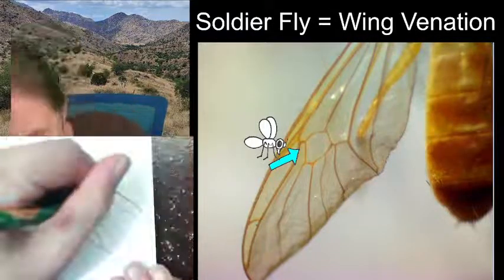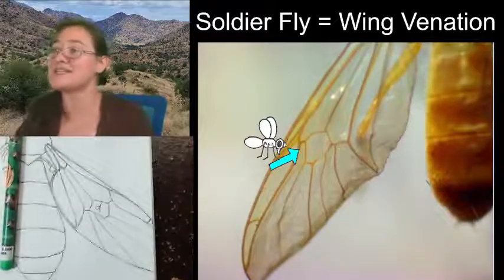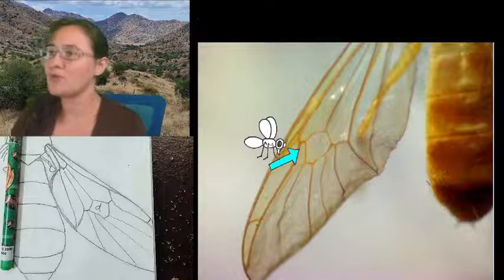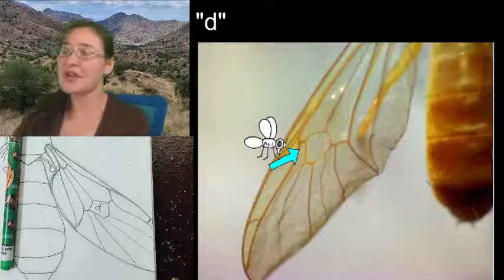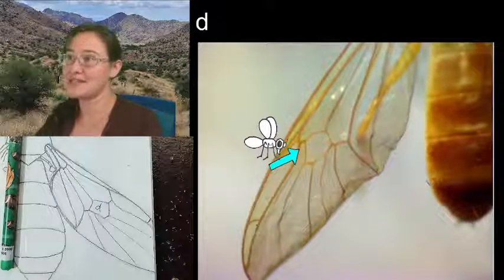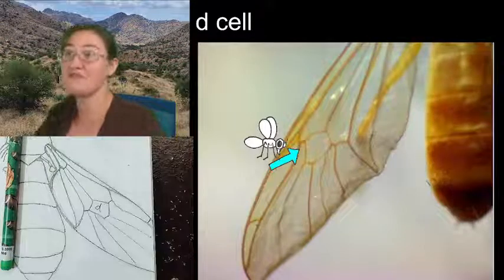Now this one right here, I wrote this little D in here. That's the D cell, I believe. So here's a little wing venation fact: lowercase are cells and uppercase are veins.